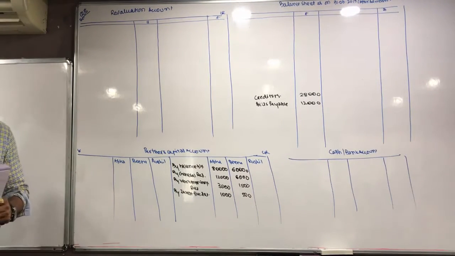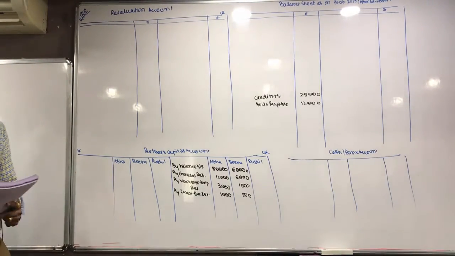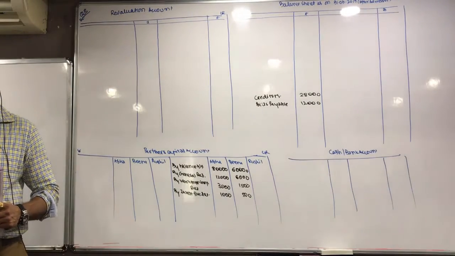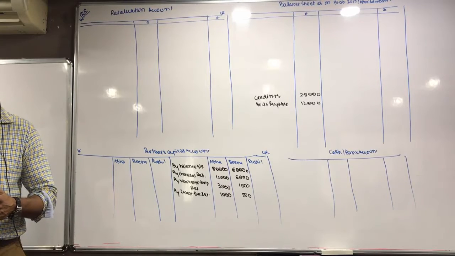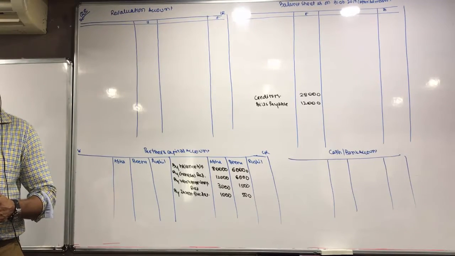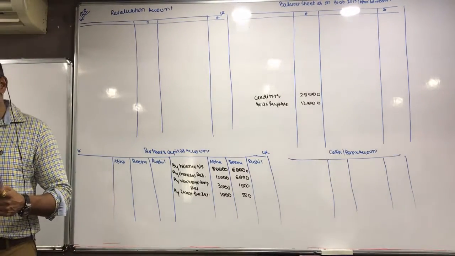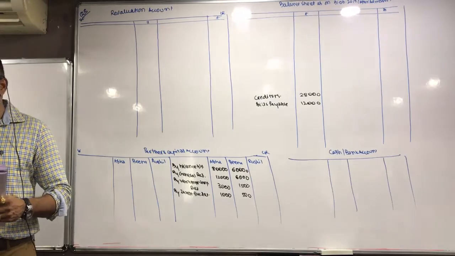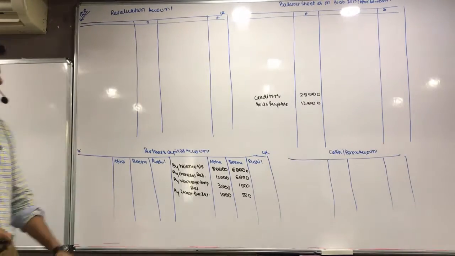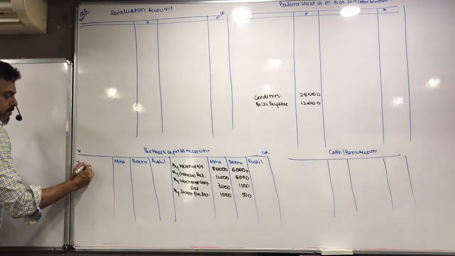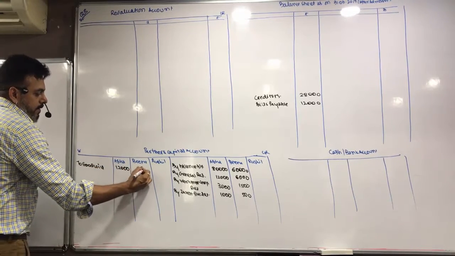Write the entry: Abha's capital account debit, Beena's capital account debit, to goodwill 18,000. So Abha's capital account will be debited by 12,000 and Beena by 6,000. To goodwill, Abha 12,000 and Beena 6,000.